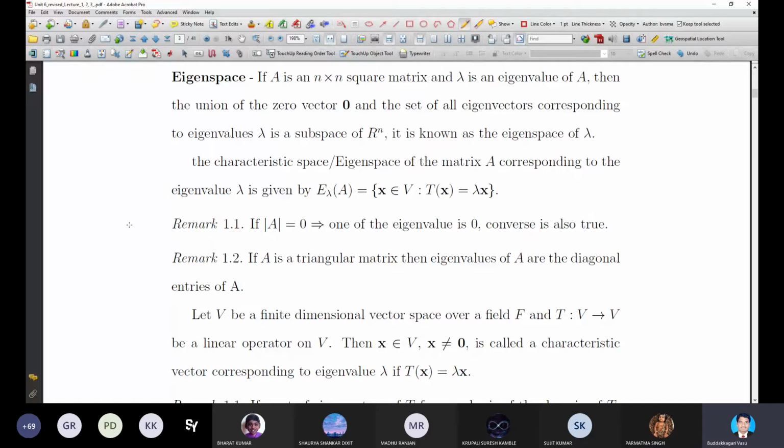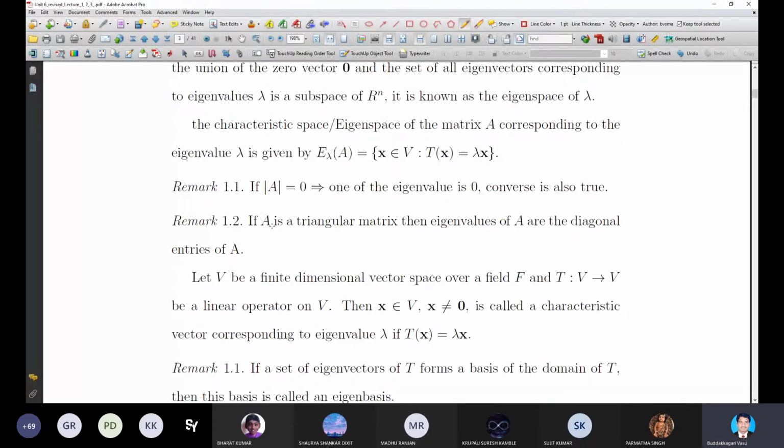And the eigenvalues of a triangular matrix, whether upper triangular or lower triangular, are its principal diagonal elements. If A is a triangular matrix, then the eigenvalues of A are the principal diagonal elements of A. Based on this theorem we can define the eigenvalues and eigenvectors, which we already have.